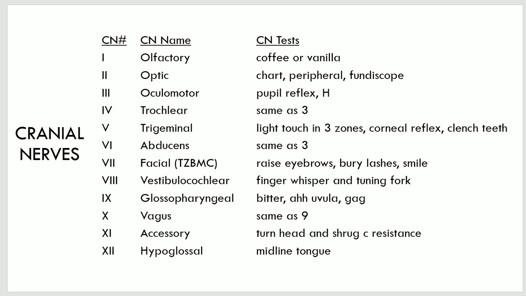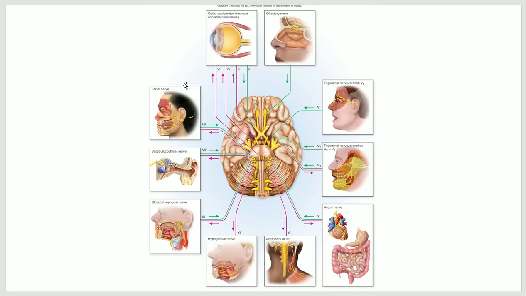So these are, if you're going into the medical field, you'll run into these a lot. Definitely the cranial nerve number 9 test, glossopharyngeal with the uvula. Definitely. This is just another picture of everything we just talked about. Visual representation. So know these.